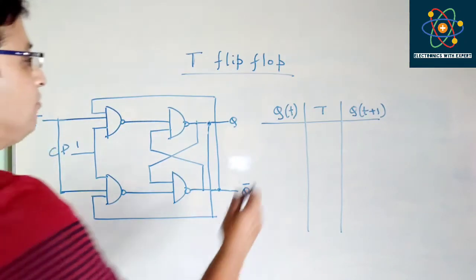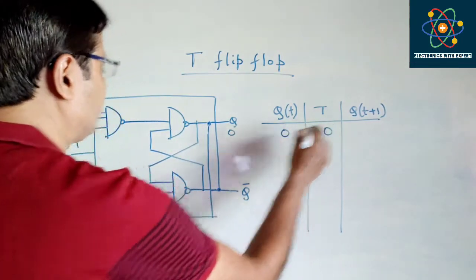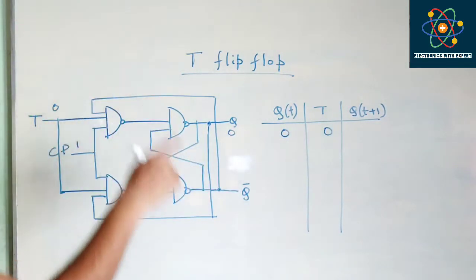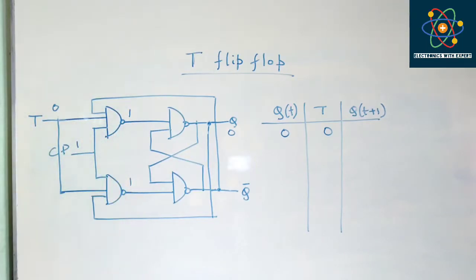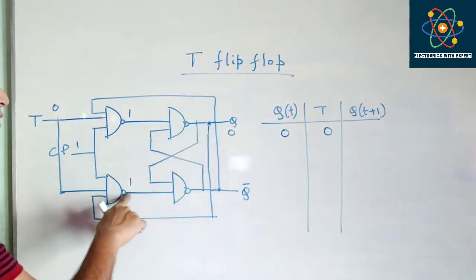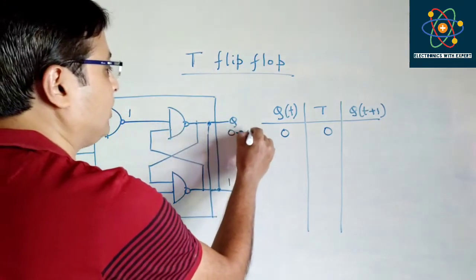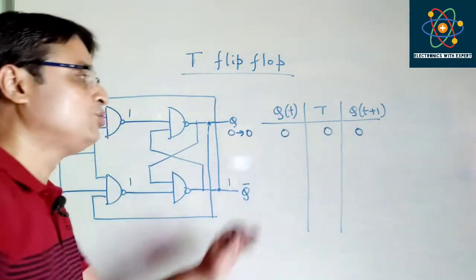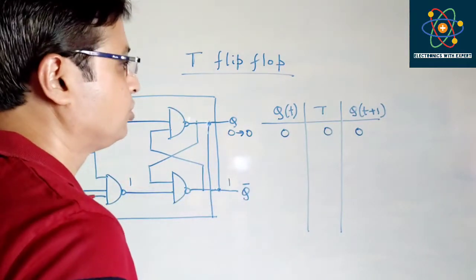So for Qt equals 0 and T equals 0, let's find the characteristic equation. For T equals 0, both of the NAND gate outputs are 1. For Qt equals 0, 0 and 1 makes this 1, and 1 and 1 makes this output equal to 0. So for Qt equals 0, T equals 0, Qt plus 1 equals 0.